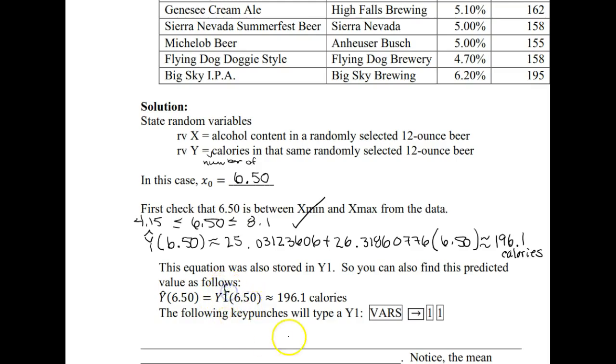The key punches to type Y1 are variables, right arrow, 1, 1, then open a parenthesis, type 6.50, and close the parenthesis, and again we get 196.1 when we round that value off. If we've stored the equation, we don't need to write all of this out longhand or type in all those decimal places.